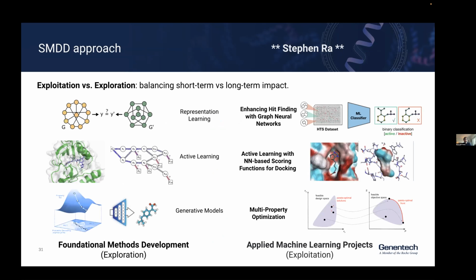And again, another beautiful slide by Stephen, who gives our graphic designers a run for their money. Again, this is just the basic science breakdown way of showing that many of the things that we're focused on for LMDD have very tight parallels in the SMDD space. So again, we have to think very carefully about the data structures and the representation learning, but we still have to think quite a bit about molecular structure.